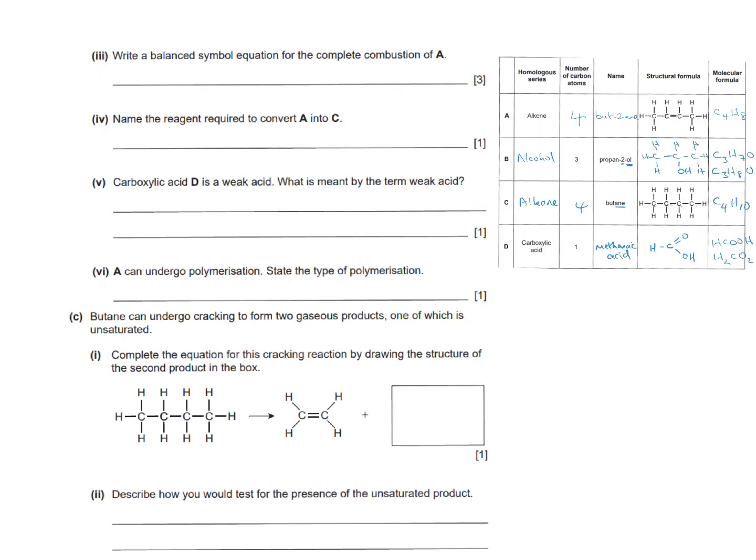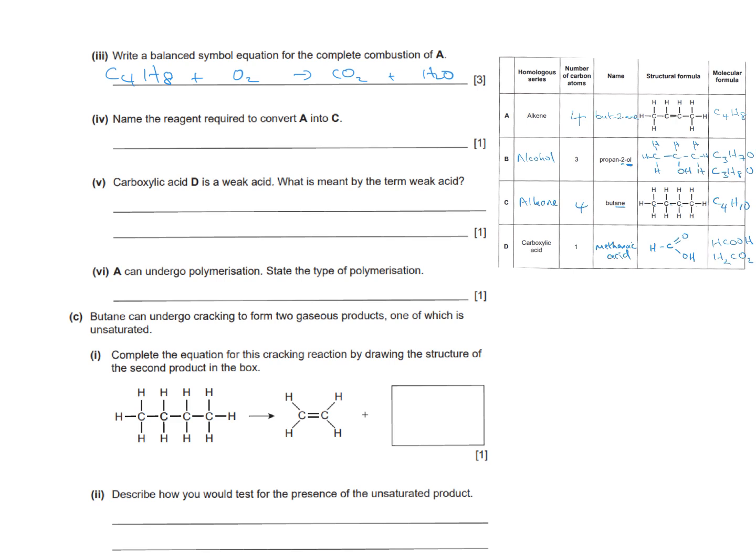Right, a balanced simple equation for the complete combustion of A. So C4H8. Complete combustion is going to react with oxygen to form carbon dioxide and water. And when balancing these combustion reactions of hydrocarbons or alcohols, start off with the carbons.